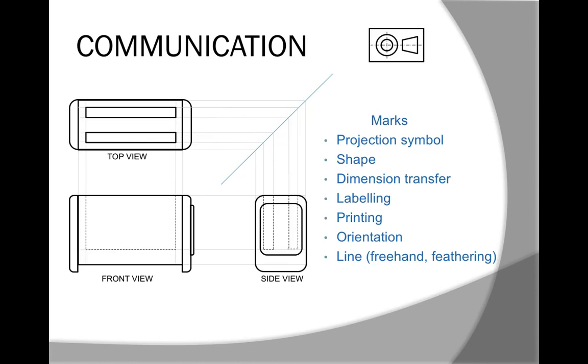But what I don't want to see, if you do it freehand, is feathering, right? We're not in arts. This is technical drawing. You draw one solid line. You don't draw a whole bunch of little lines. I also need, if I was marking, I might change this to say I need to see a difference in line thickness. That's really important.